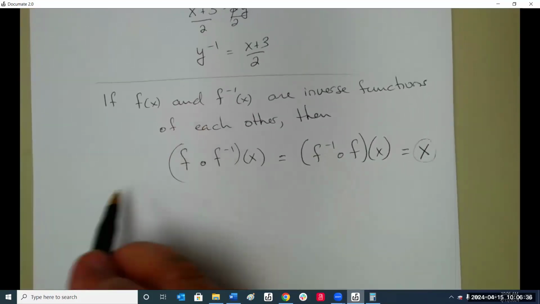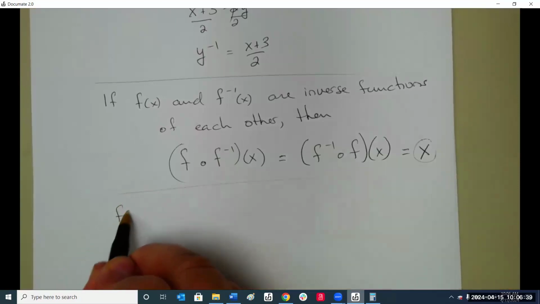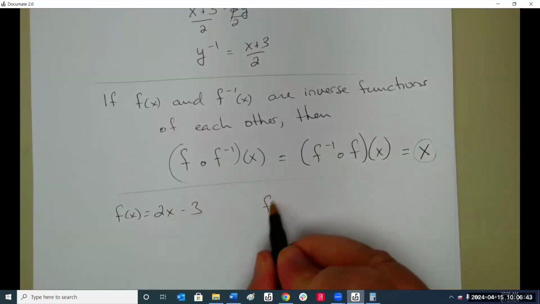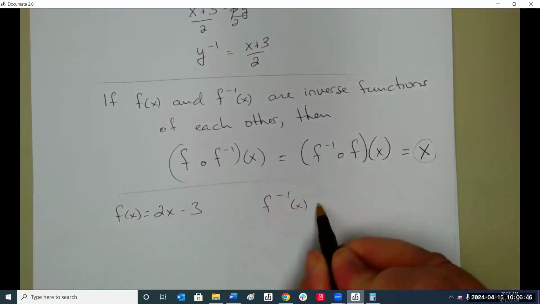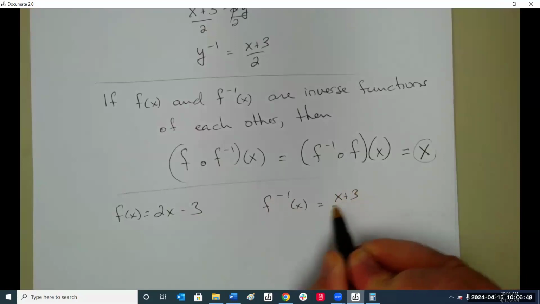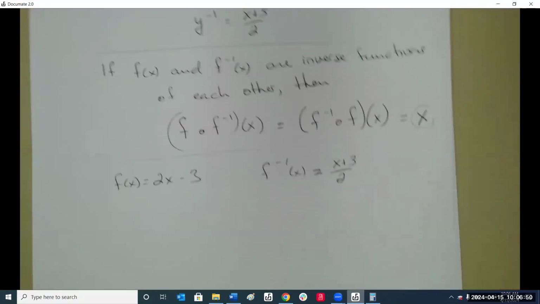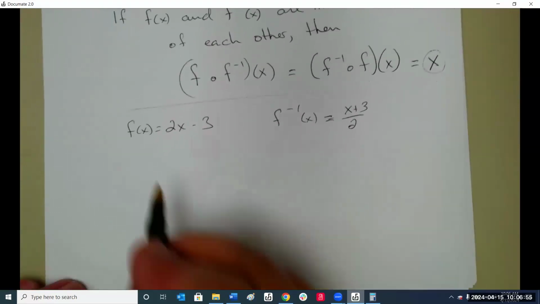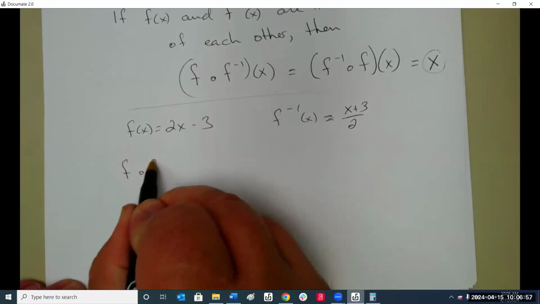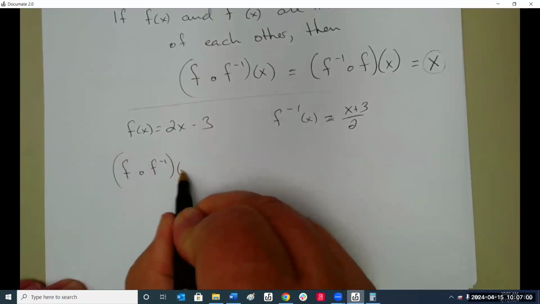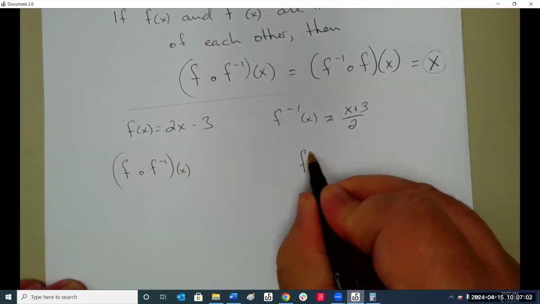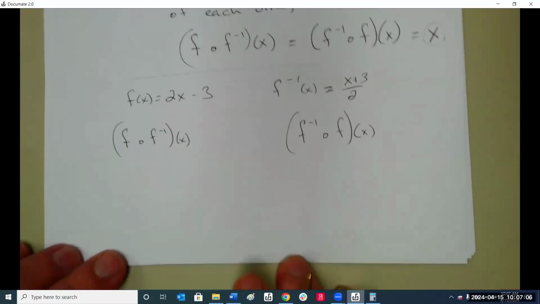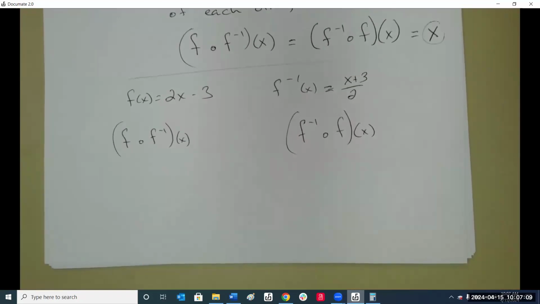So let's try it with the one we just did. If f of x was 2x minus 3, and the inverse, which we calculated, was x plus 3 over 2, are they true inverses of each other? You have to try both of them, and they both have to equal x.